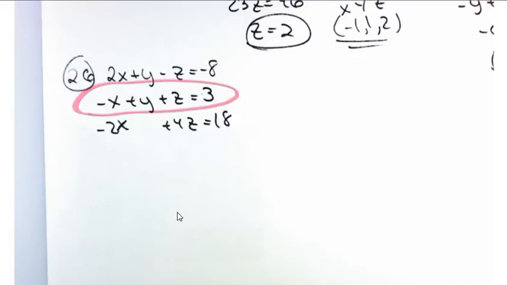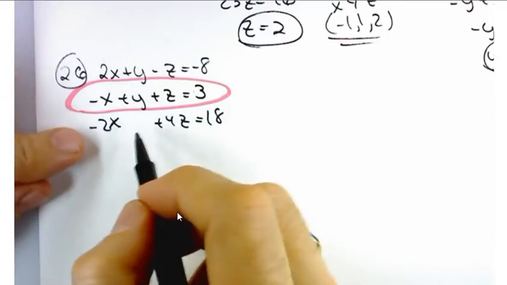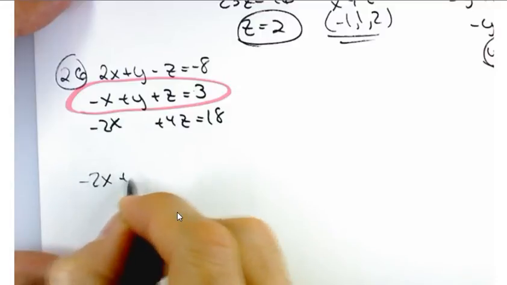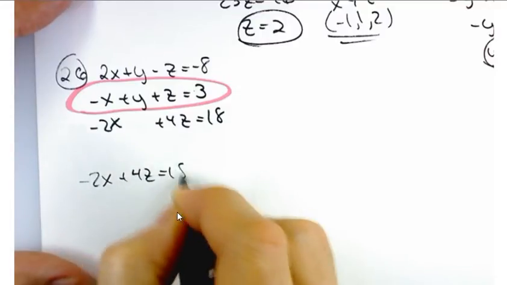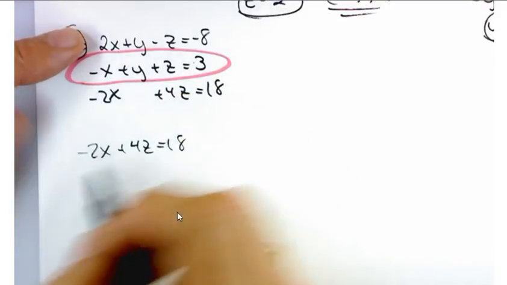Okay, so let's take a look here. We've already gotten rid of the y from this equation. So we've got negative 2x plus 4z equals 18. If I get rid of y from another equation, then I'll be in good shape. I can just solve the 2-by-2 system that I get when I put them together.